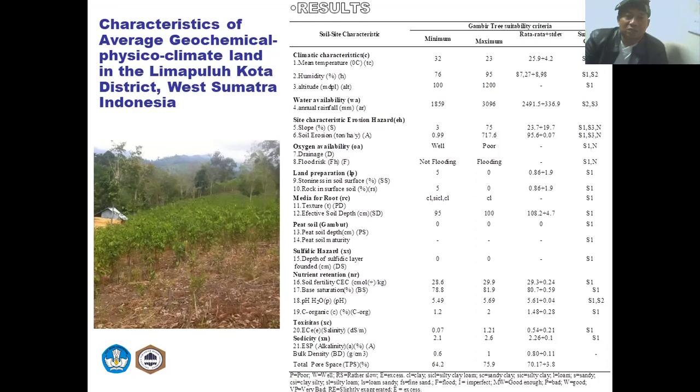There are climatic characteristics: temperature, humidity, altitude, water availability, including annual rainfall; and soil characteristics: erosion hazard, slope, oxygen availability, and also land preparation, media for roots, peat soil, and sulfuric hazard, nutrient retention, toxicity, and acidity. We found the actual data in the 50 Kota district, and we can reclassify this area into S1, S2, S3, and N.